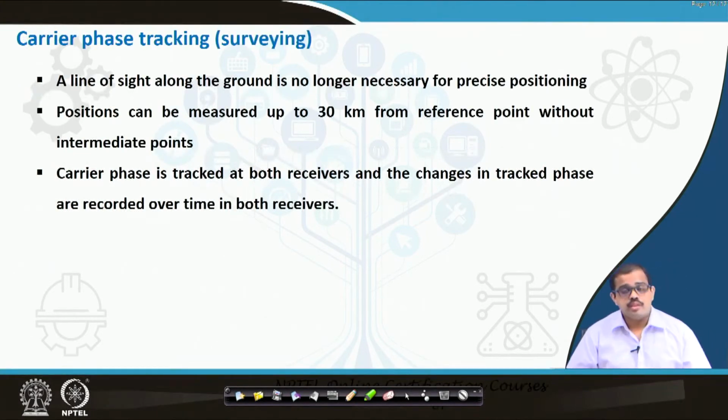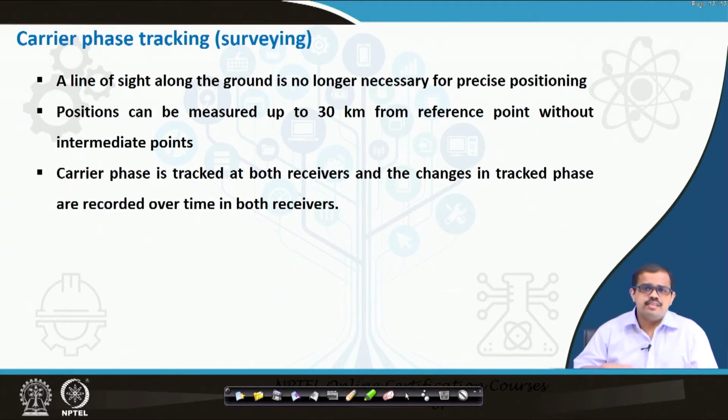When you are looking at this, the first application that you can see is surveying, the carrier phase tracking. A line of sight along the ground is not necessarily precise positioning. If you have any line of sight across your entire surface, then it may not be precise positioning. Positions can be measured up to 30 kilometers from the reference point without intermediate points.